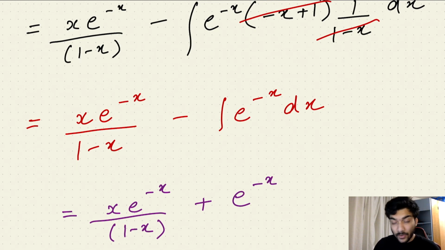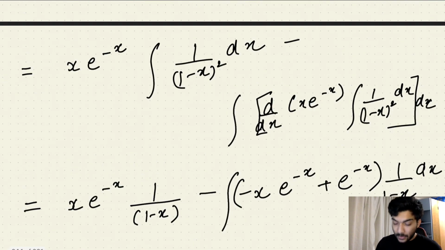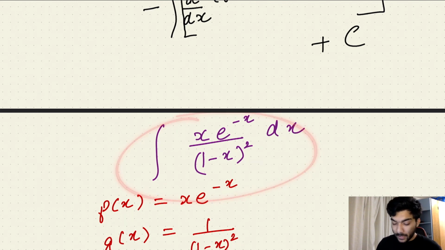And now since you got rid of all the indefinite integrals, you'll also add a constant of integration at the last. So this would be your final answer to the indefinite integral expression x e to the power minus x upon (1 minus x) to the whole square dx in this case.